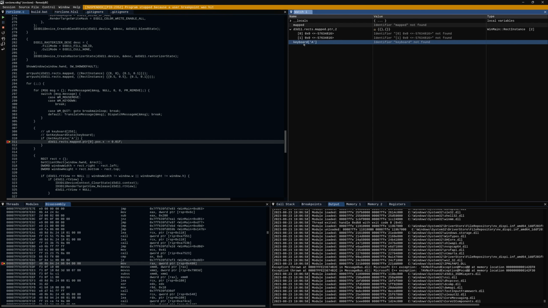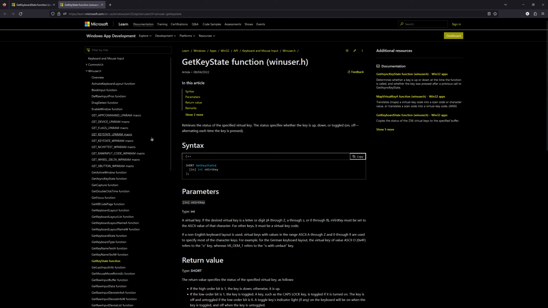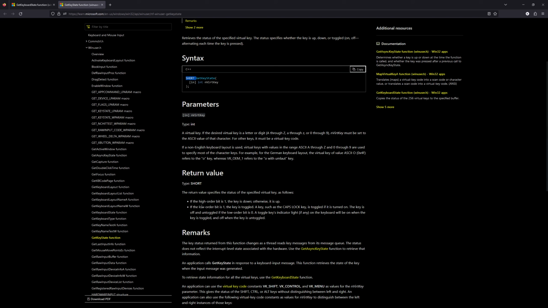Because it was pressed once? Why would that work like that? Why, what? Retrieve the status with the keys up, down, toggled. Oh, it's a short. Oh, so you actually need to interpret this. Okay, this is not just a simple 0, 1.